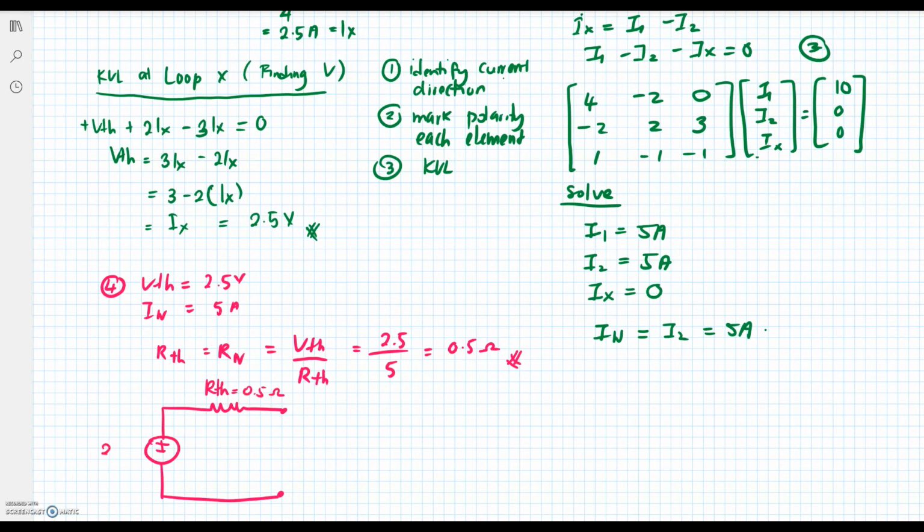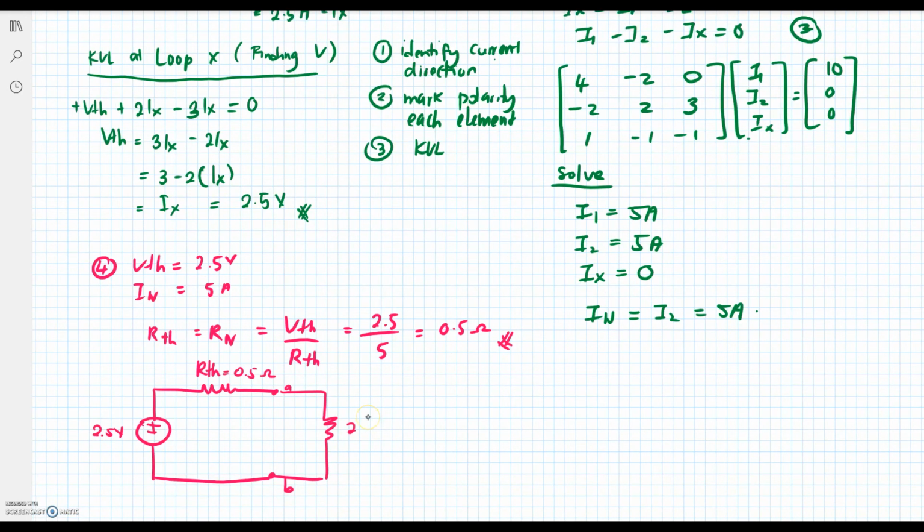V Thevenin is 2.5 volt. This is terminal A and B. Then you should insert the load into the Thevenin equivalent circuit, which is 2 ohm, and then you need to find the V at the 2 ohm. You can use any methods.